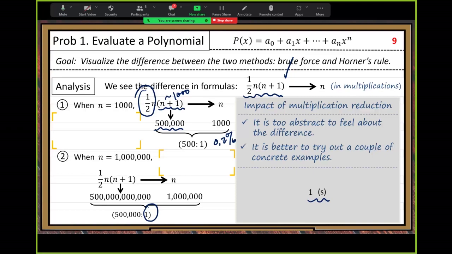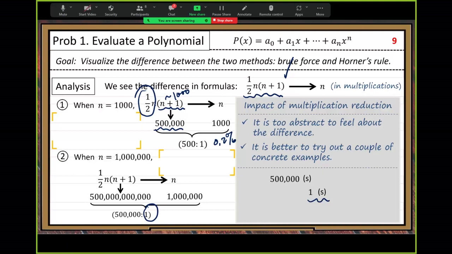If we evaluate the same polynomial using the brute force method, this time you need 500,000 times that amount of time.